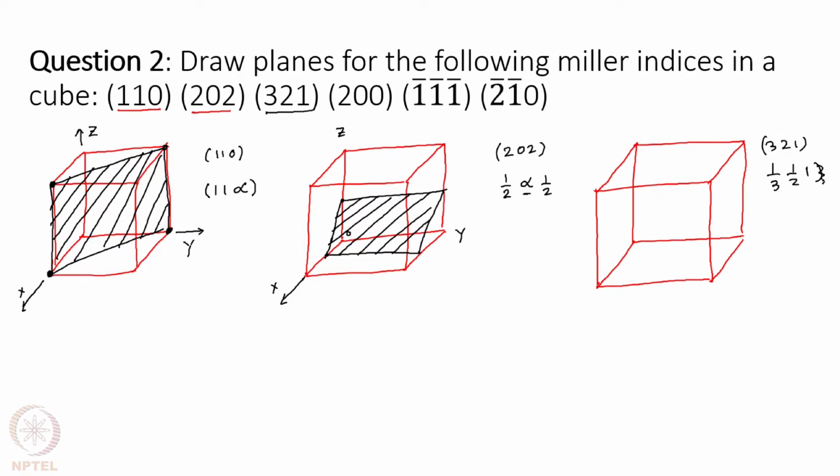So, if we assume this direction as x, y and z as before, the intercept on x-axis is 1/3, somewhere here. Intercept on y-axis is half, so the intercept is here, and intercept on z-axis is 1, so it meets there. So the plane is like that.